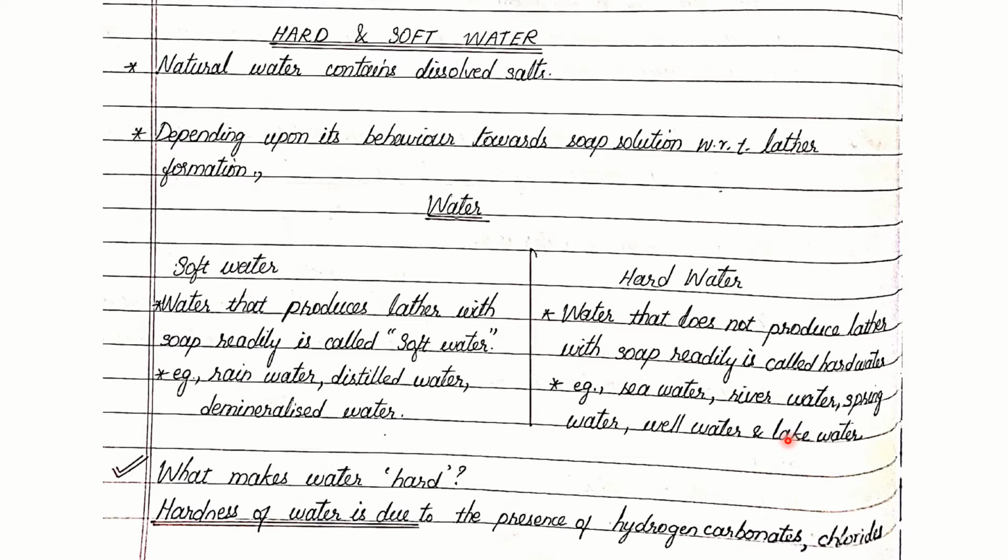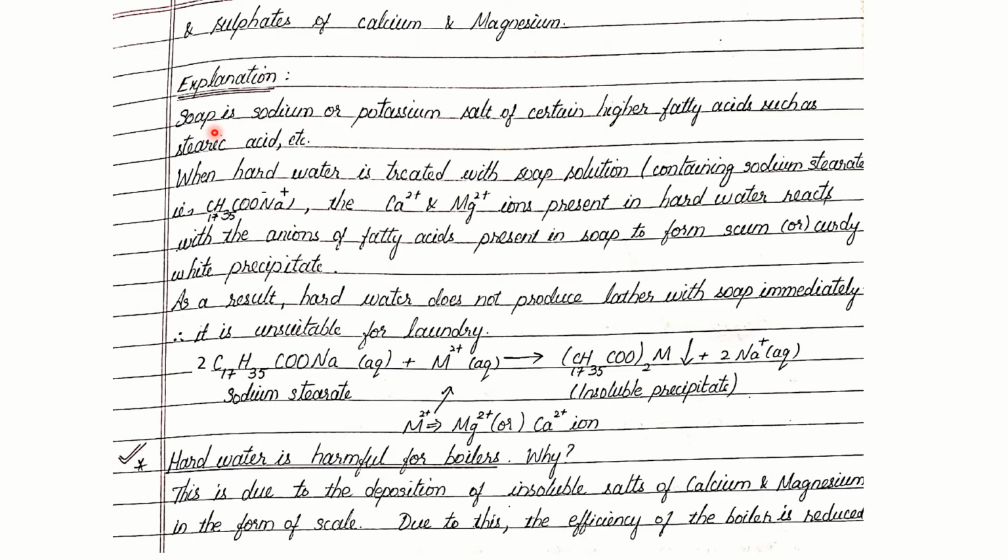Now, what makes water hard? Hardness of water is due to the presence of hydrogen carbonates, chlorides, and sulfates of calcium and magnesium. Hard water is not suitable for laundry, that is, for washing clothes. We know that hard water does not produce lather readily with soap.